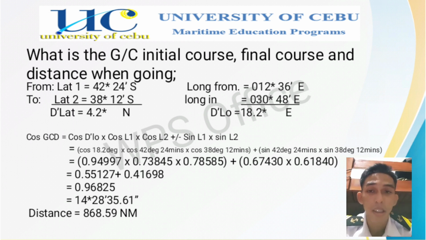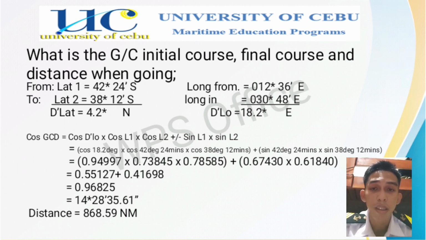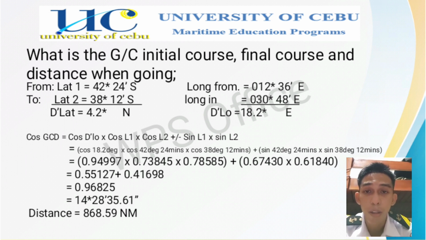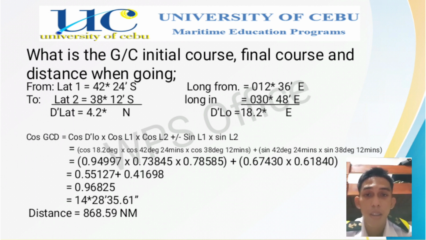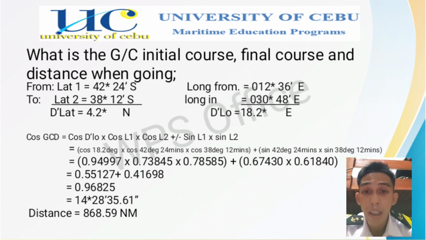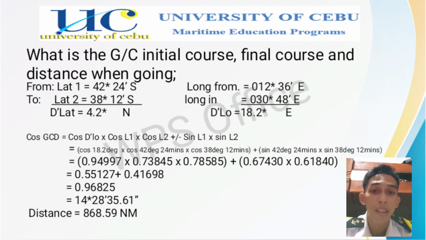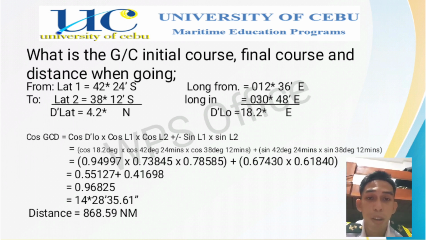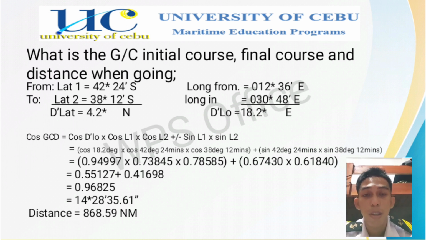In the calculator we must type the cos of the D-long of the formula, which is 18.2 degrees, and this is the result, 0.94997, and so on. It's easy to recognize because there is a formula.